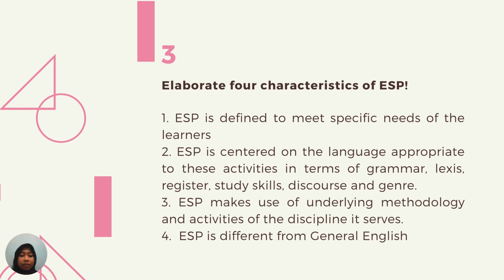3. Elaborate 4 characteristics of ESP. The first, ESP is defined to meet the specific needs of the learners. And the second, ESP is centered on the language appropriate to these activities in terms of grammar, lexis, register, study skills, discourse, and genre.